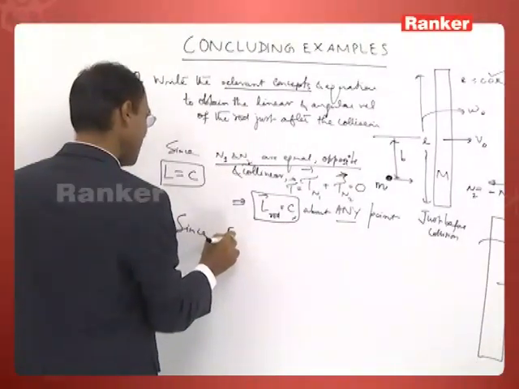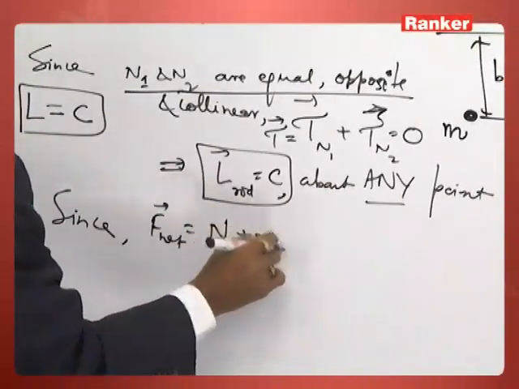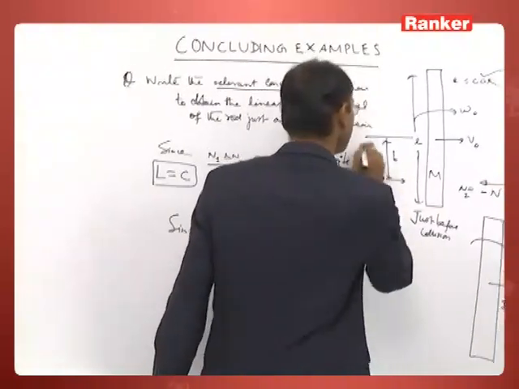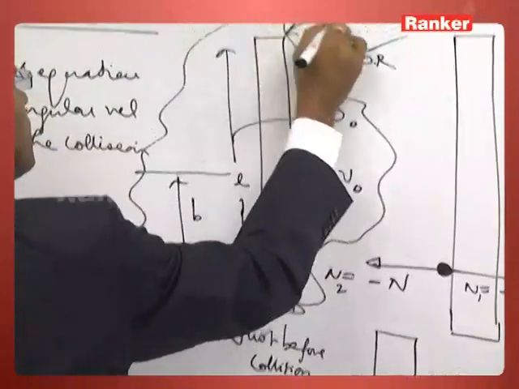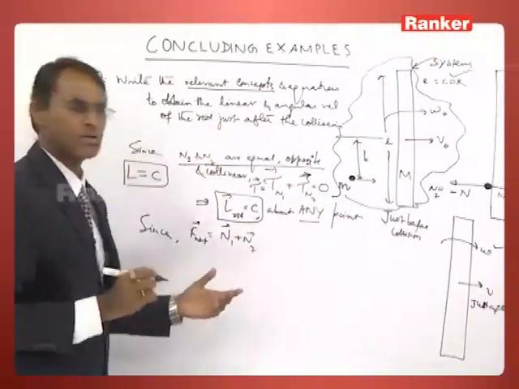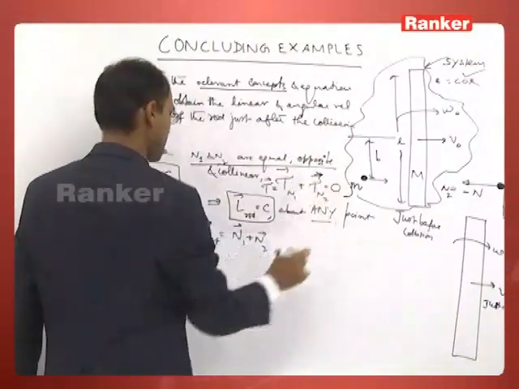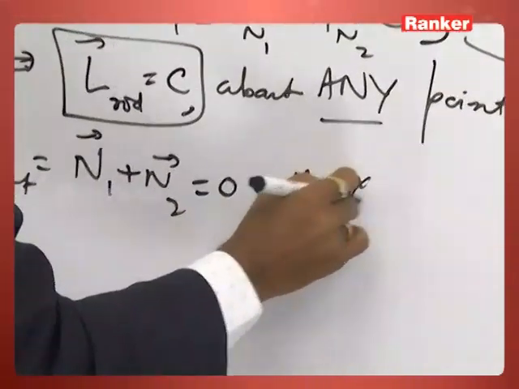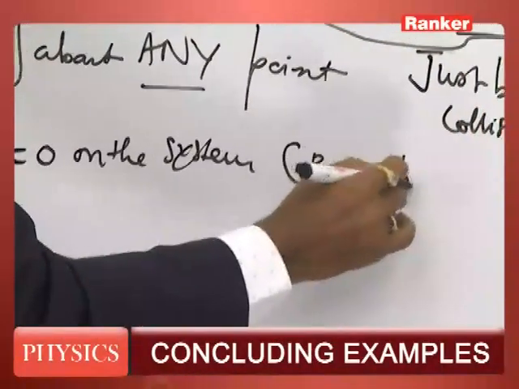Therefore, the net force acting on the rod will be equal to N1 plus, not rod, net force acting on the system. We have to choose the system. This is the system. Net force acting on the system, that is rod plus particle.